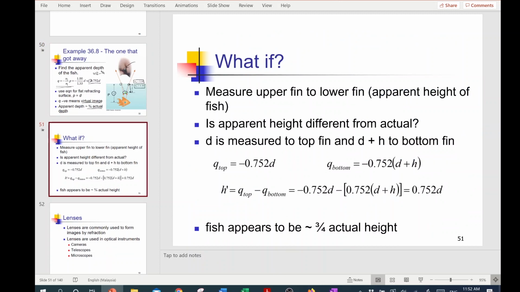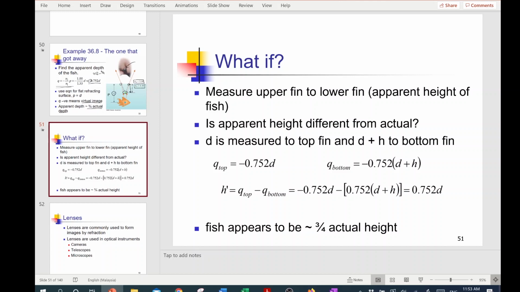We can do further analysis in terms of the size or the height of the fish itself. How can we compare the real height of the fish with the apparent height of the fish that we observe due to refraction?